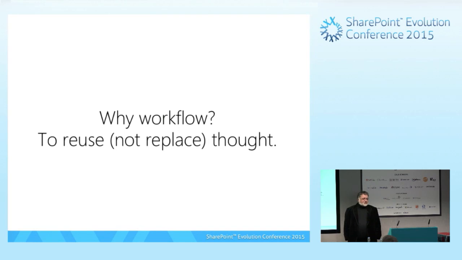We don't want to replace thought, meaning if a situation requires original thought, that is not a good candidate for automation, which is why a lot of processes that are often thought of as mission critical or high profile or centralized aren't good candidates for automation, because the conditions either change far too frequently or far too many people are involved for which consensus cannot be achieved, or it's a situation that you're actively curating.